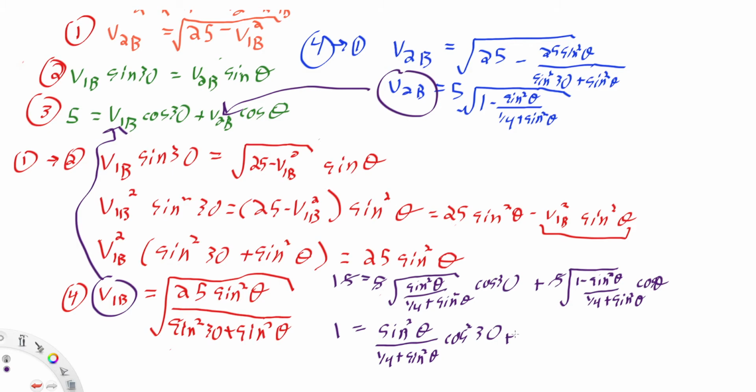Second term squared will be 1 minus sine squared theta, all times cosine squared theta. And now comes the cross term.